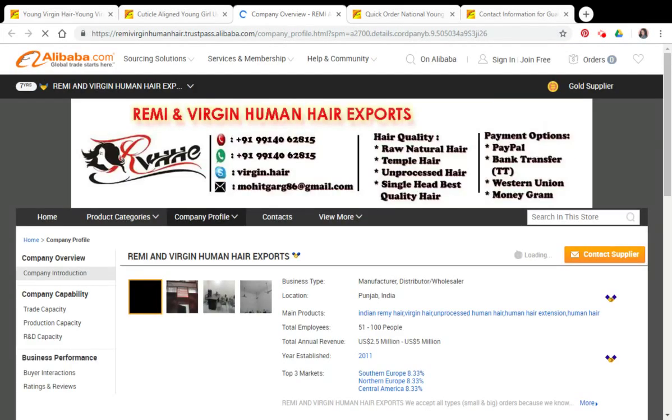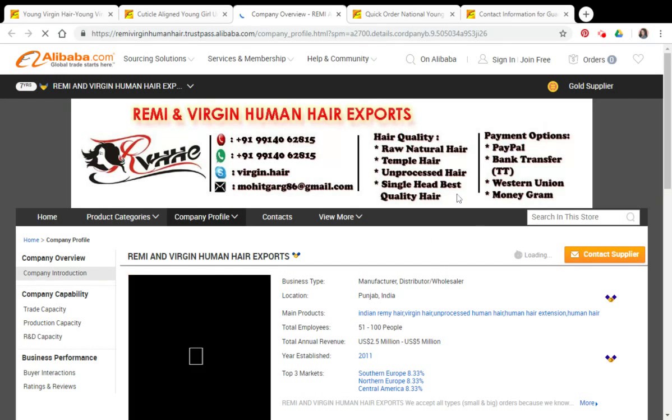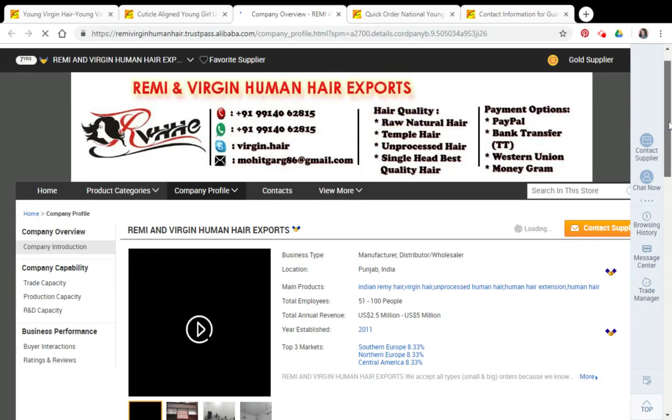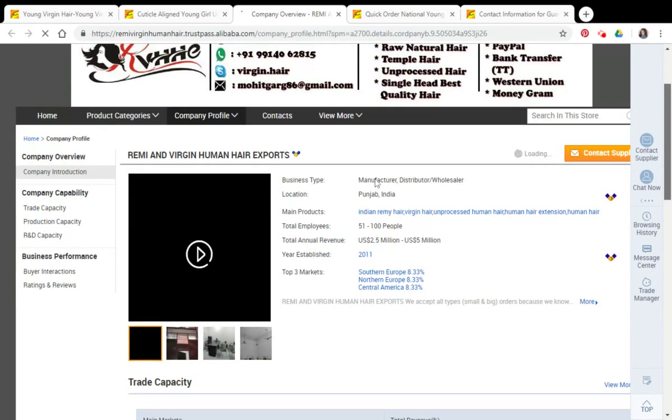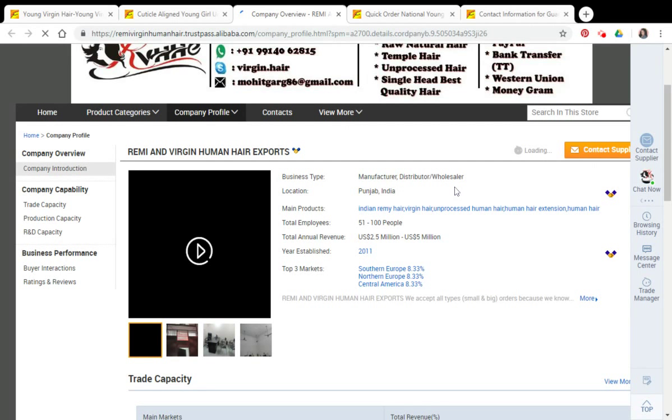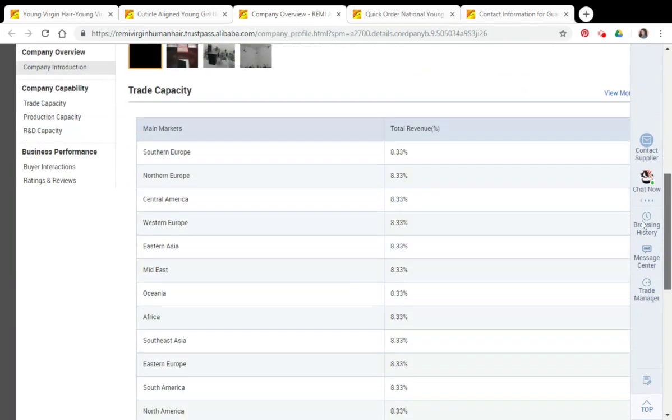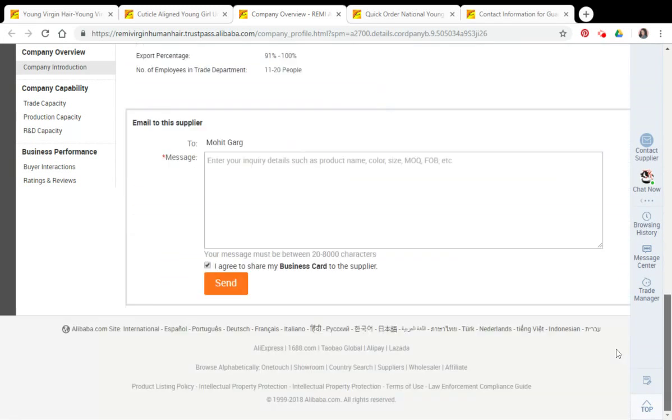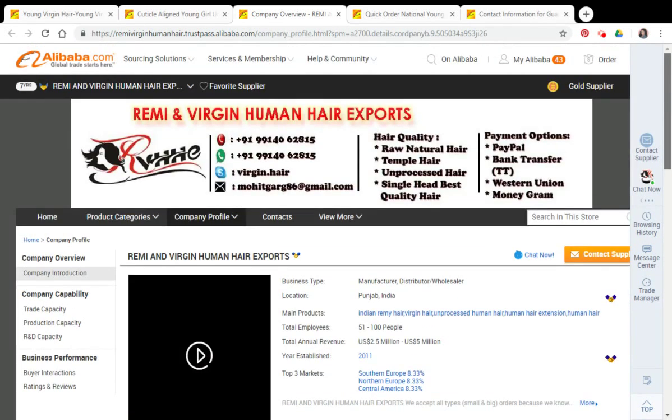So as you can see, this is all the vendor's information. You can't copy and paste that, but you would just go through all of that, because they do have their email address and all of that contact information. This is a manufacturer, distributor, wholesaler. They're located in India, so if you want an Indian vendor, you can also put that on your list of potential vendors.